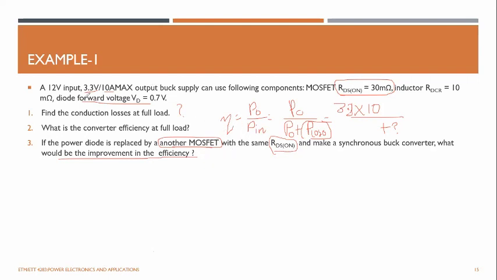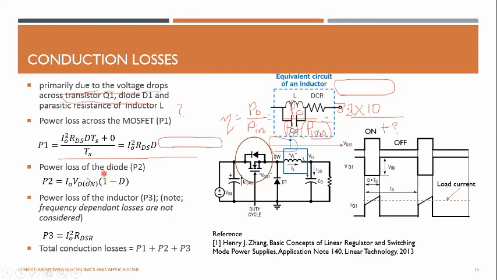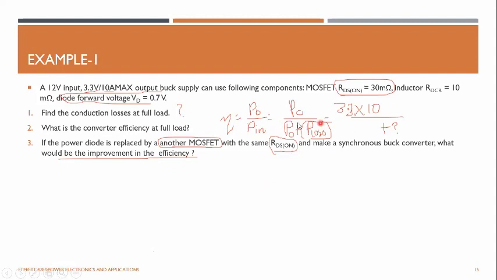So all you need to do is, now you have calculated the power loss of this body diode, right? Now it is required to use a power switch here. So by using this derivation, derive the power loss of the new switch, and then recalculate the P2 component, and using this equation find out what is the change in the efficiency, right?